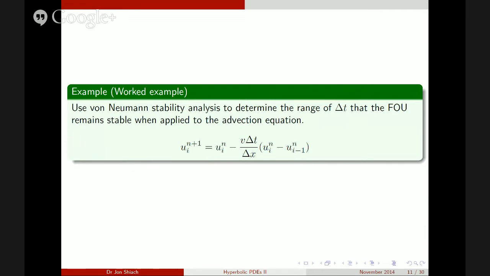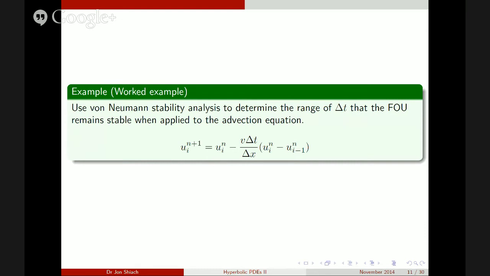Okay, so those two terms here are my real terms. Okay, so if you think of a number in the form of x plus yi, oops, sorry, that's off the page a bit. If I've got a number in the form x plus yi, my real terms are these first two terms. Okay, my imaginary term is c sine kj delta x. Okay, what I want is I want the modulus of g to be less than or equal to 1.